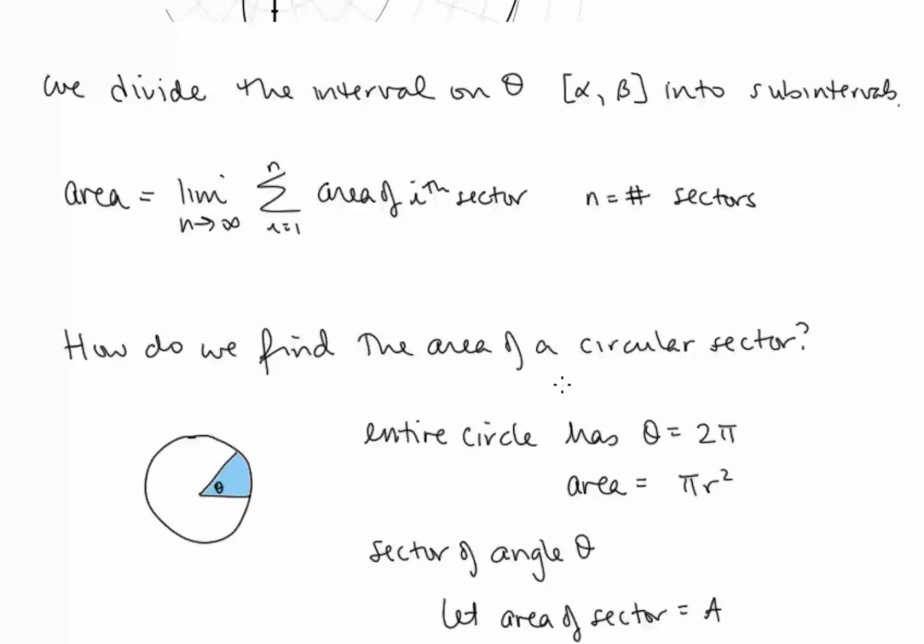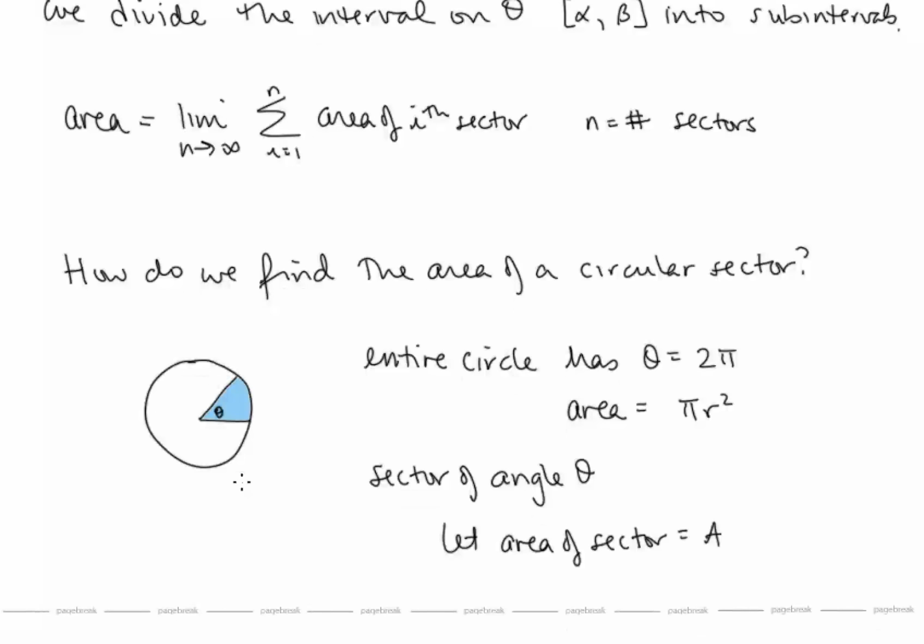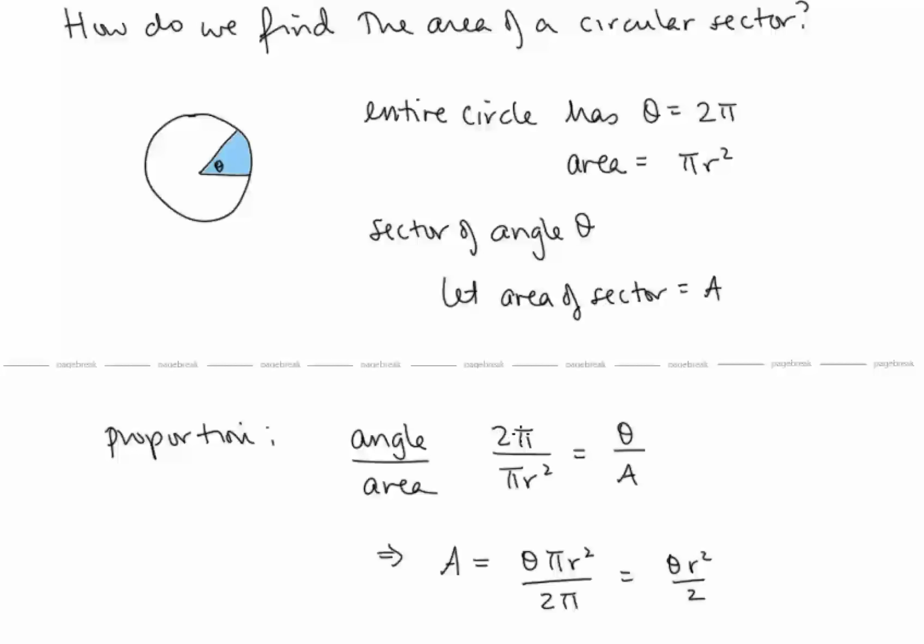So how do we find the area of a circular sector? Well, we know the entire circle has theta equals 2 pi and the area is pi r squared. If we have a sector of the circle of angle theta, let's call its area A, and then we'll set up a proportion. For the angle of 2 pi, we have an area of pi r squared.